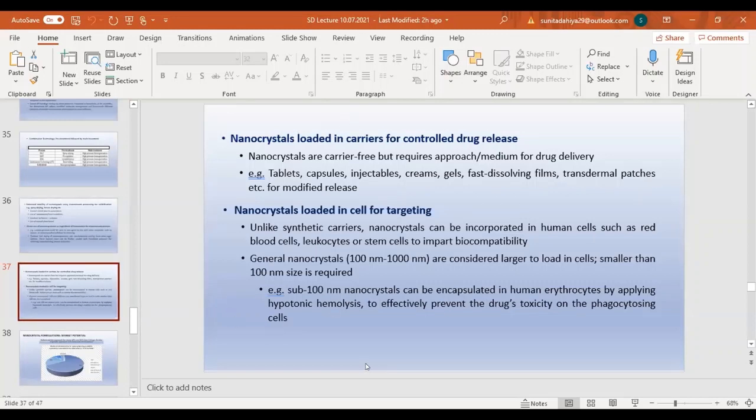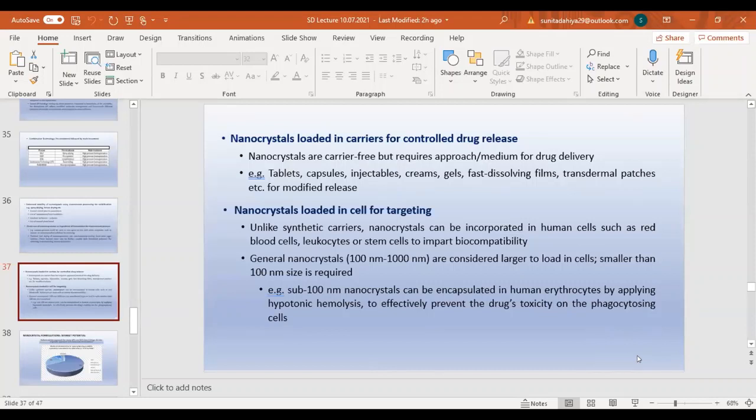Many researchers have tried some topical formulations like creams or gels, or transdermal patches for modified release. And a very interesting one is for active targeting. Right. So sometimes we can use biological cells like RBCs, right? So we can use the resealed erythrocyte approach, right?